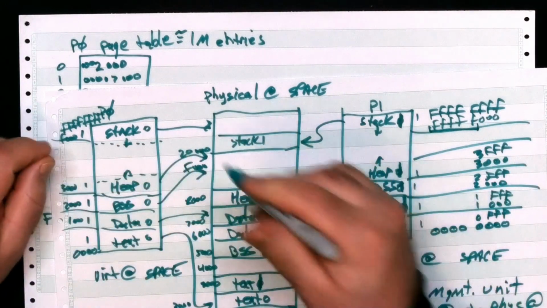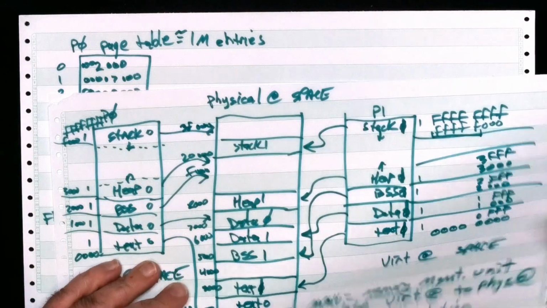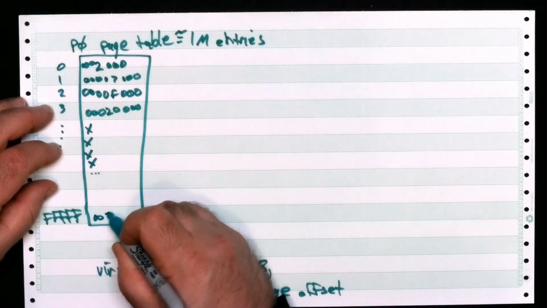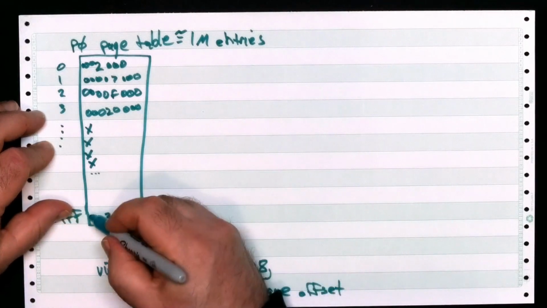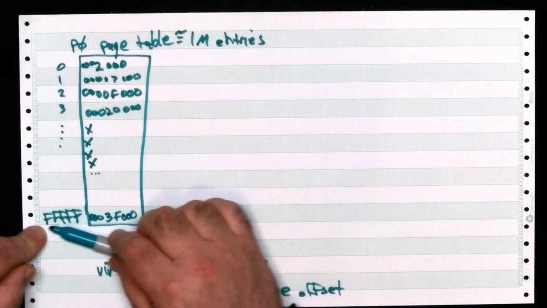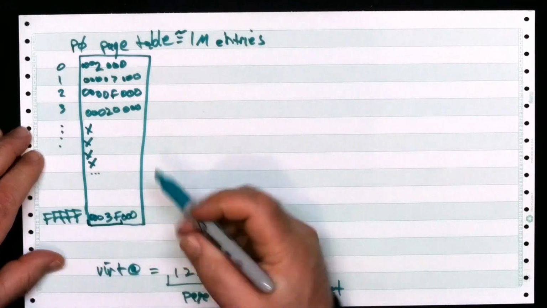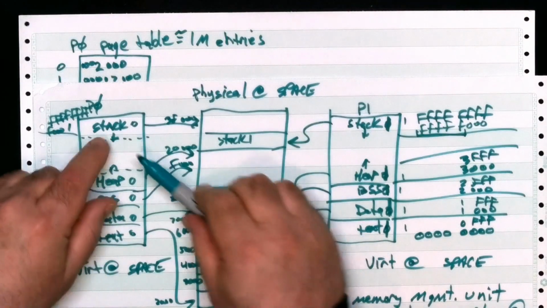Maybe he goes to 3F000. So in here, it will be 003F000. I missed a digit there. There'll be another 0 over there, because his page number, FFFF, really needs to be translated to page number 003F in order for this mapping to work out.